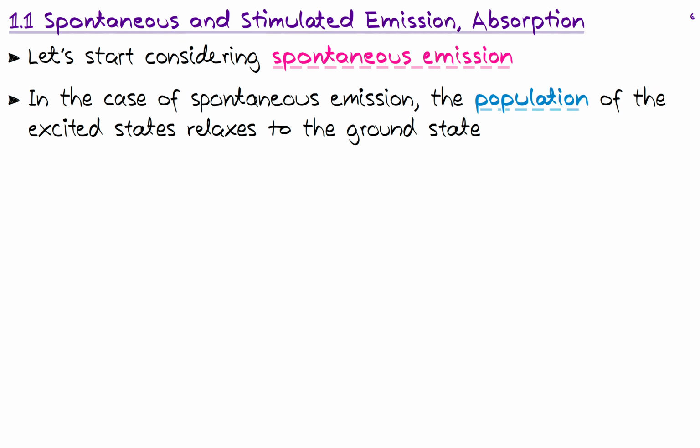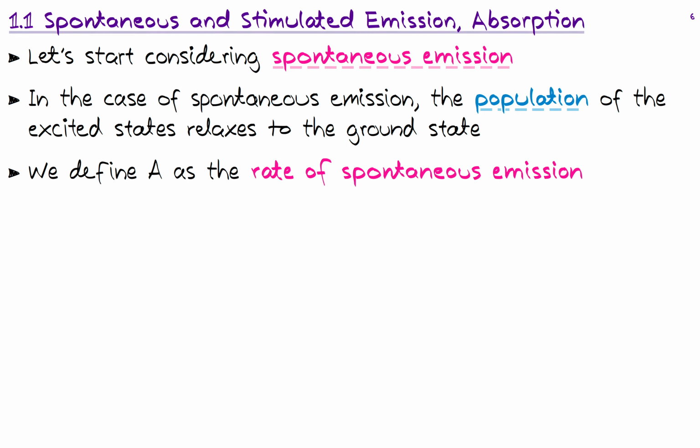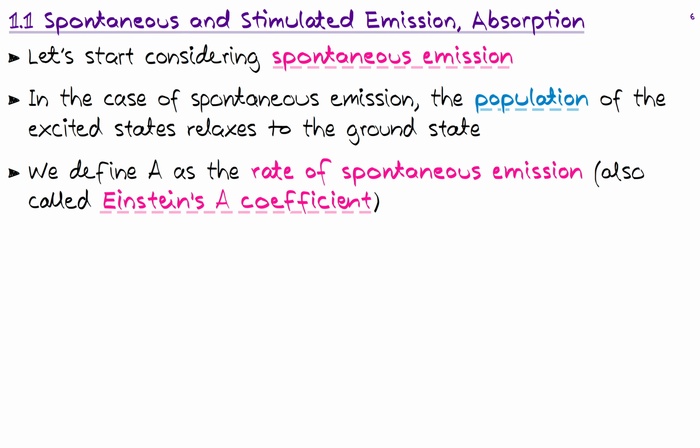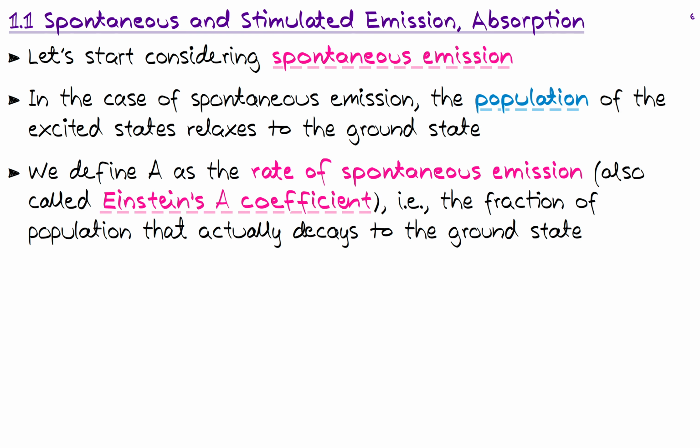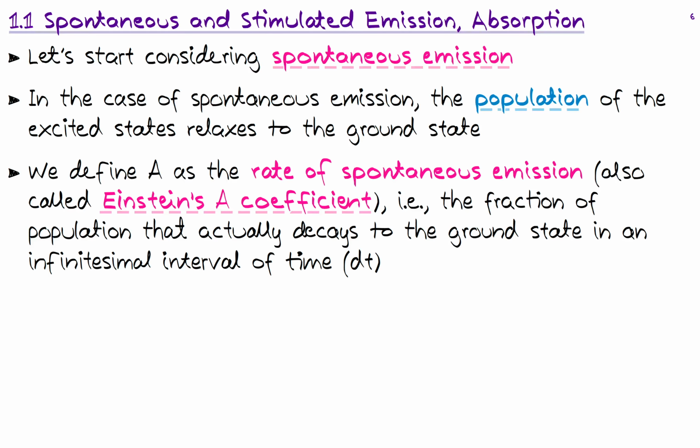Quantitatively, this can be described by defining A as the rate of spontaneous emission. This is also known as Einstein's A coefficient. This parameter is basically the fraction of population that decays to the ground state in an infinitesimal interval of time. So it's the rate of spontaneous emission.